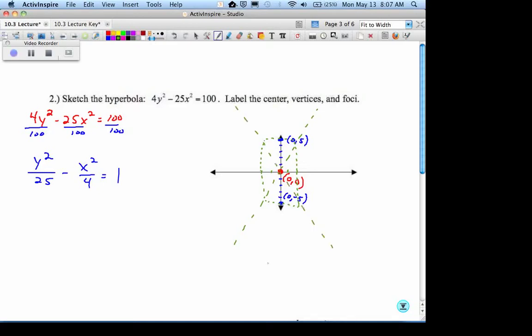So I draw those vertical asymptotes through the corners of my box. But it's the same as counting to the right 2, up 5, to the right 2, down 5, to the left 2, up 5, to the left 2, down 5, and putting the dots in the corners.